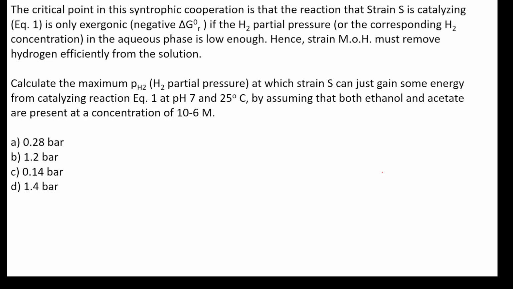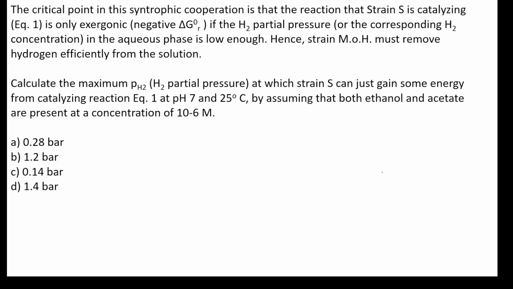So the critical point in this syntropic cooperation is that the reaction that strain S is catalyzing, that is equation 1, is only exergonic, meaning the delta G value is negative, meaning it is feasible, if the H2 partial pressure in the aqueous phase is low enough. Hence strain MOH must remove hydrogen efficiently from the solution.